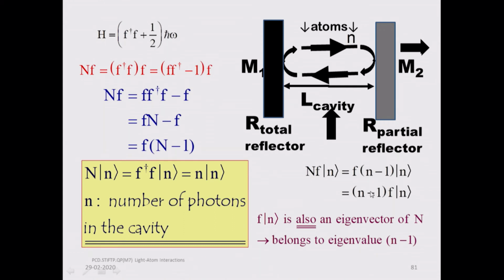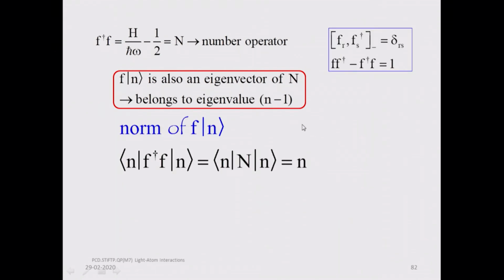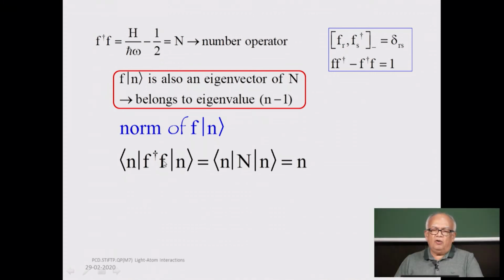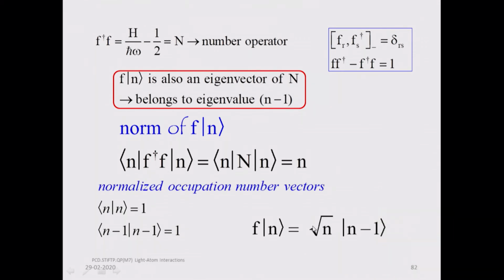This helps you determine the normalization, because using this relation, if you find the normalization of f of n, it is given by the projection of f of n on its adjoint, which is f dagger f, and this f dagger f being the number operator, this will be equal to n. That tells you immediately that f operating on n will give you the square root of n times n minus 1.